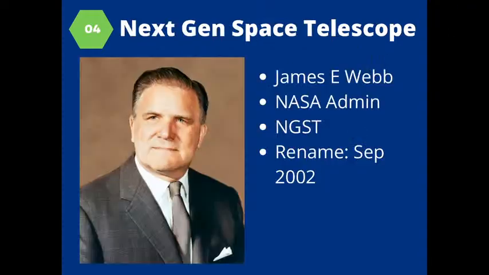Okay, so this is the James Webb. Actually, this telescope was initially named the Next Generation Space Telescope. When this telescope was commissioned, commissioned in the sense that somebody has to propose the project to the space agency. Like maybe we can propose some space projects to ISRO.